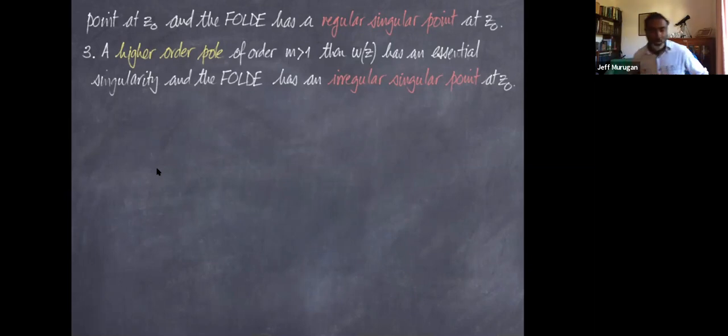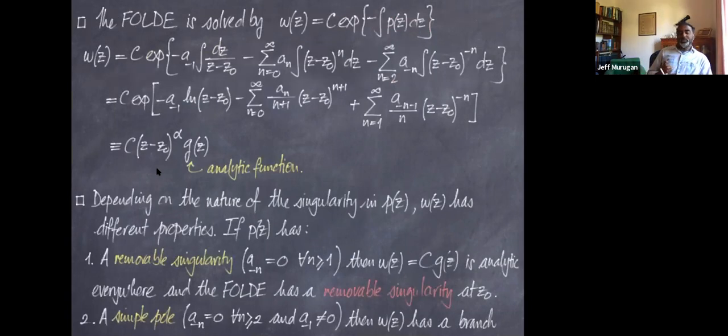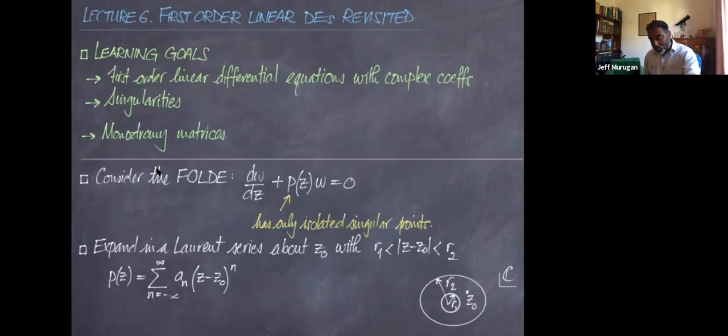Okay, very good. So now we've covered 3 cases. Either my coefficient function P of Z has a removable singularity, a simple pole, or a higher order pole at Z equals Z naught. And remember, we're thinking about this annular region whenever we're talking about this function.